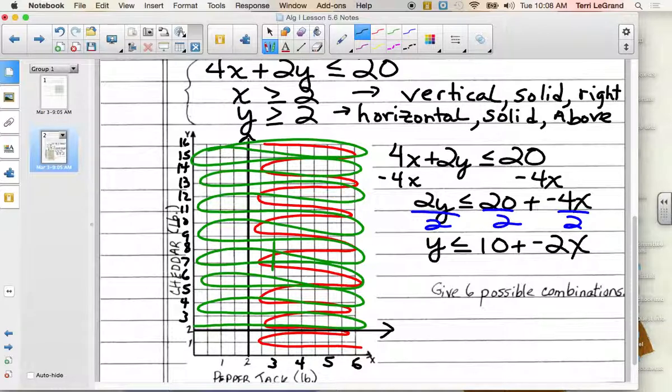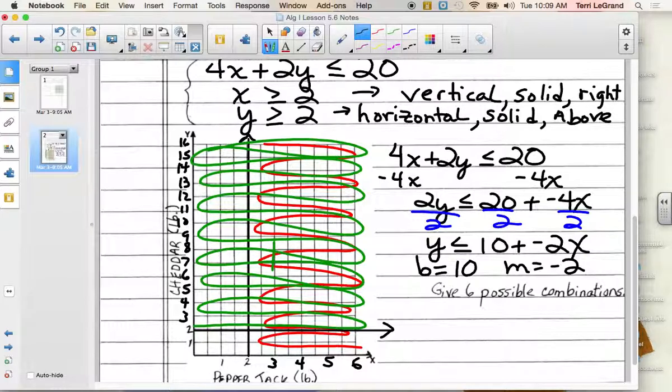And see if you agree with me before I go to work. Okay, use the same new name for our inequality. So our b value is 10, and our m value is -2.